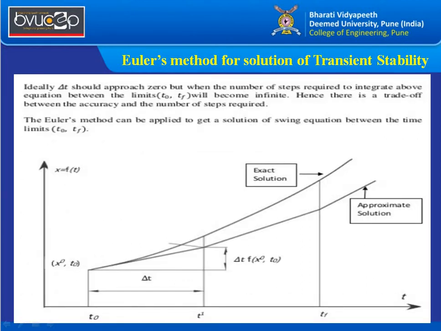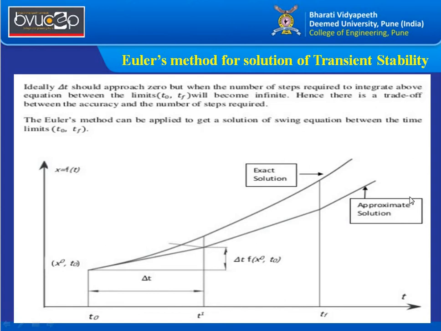So ideally delta t should be equal to 0, that is the difference between the initial and the final value should be 0. But as we know that we are starting with the initial approximation, there will be some variation between the approximate and the exact solution. We can see here the difference between the two. We have seen the t0 and tf, we are dividing into three points, first point, second point, and third point.